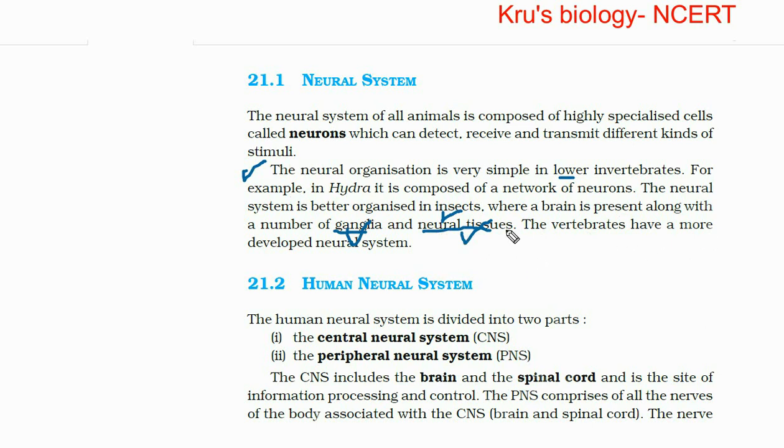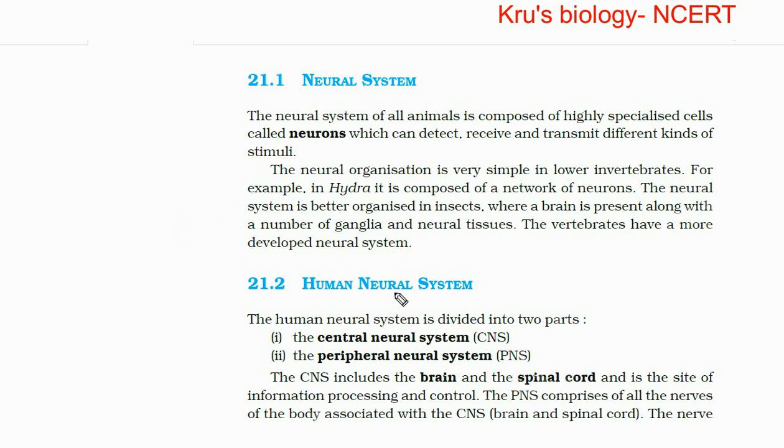The vertebrates have a more developed neural system. So in Hydra there is a network of neurons, in insects it is better organized, and vertebrates contain a well developed neural system, right? These three examples are very important for the exam, so you can write them.